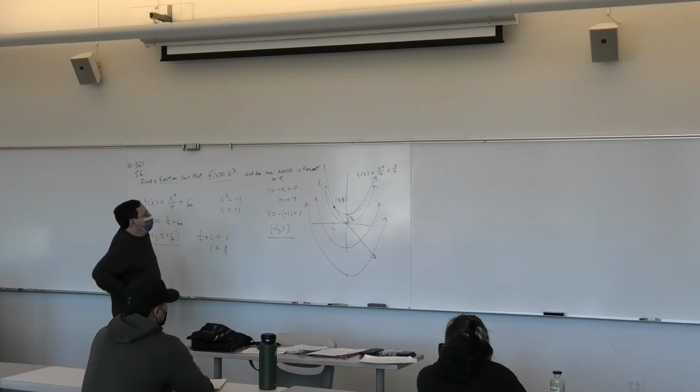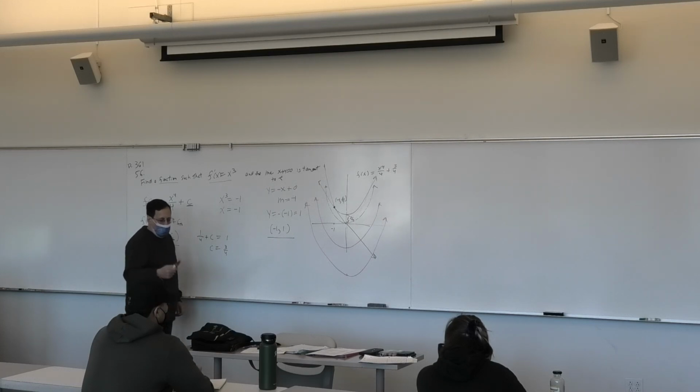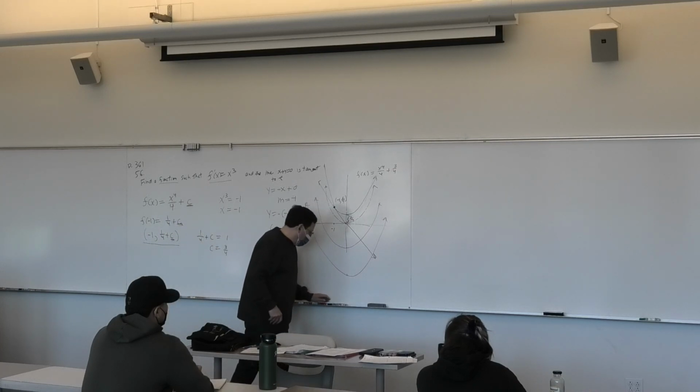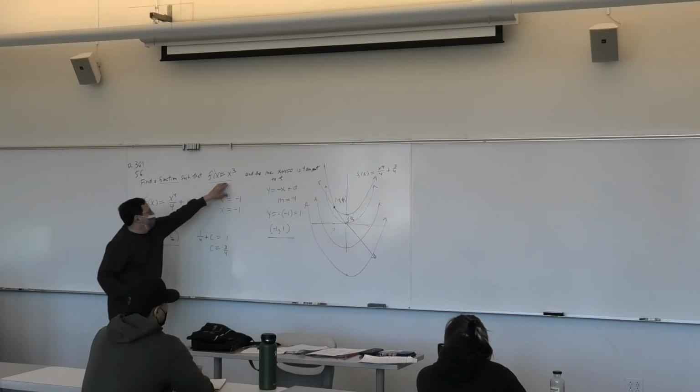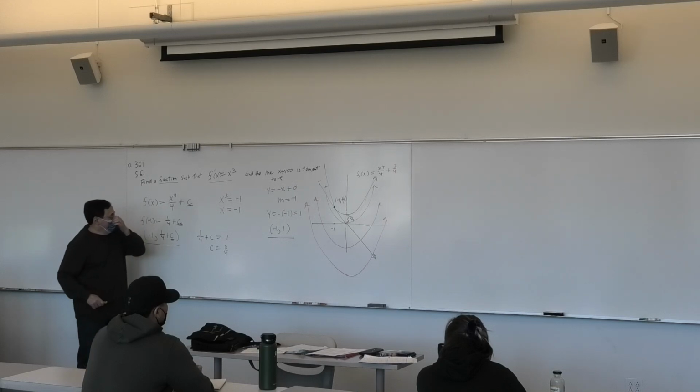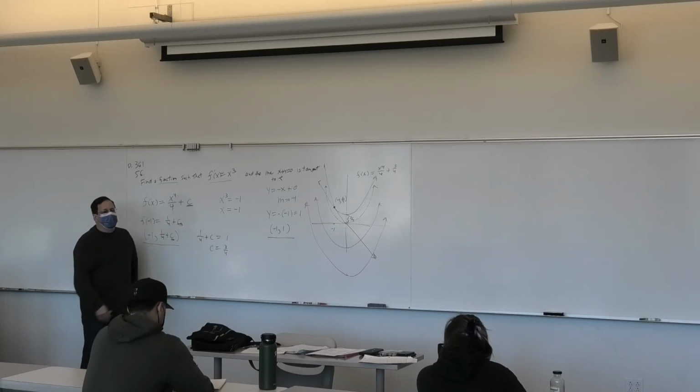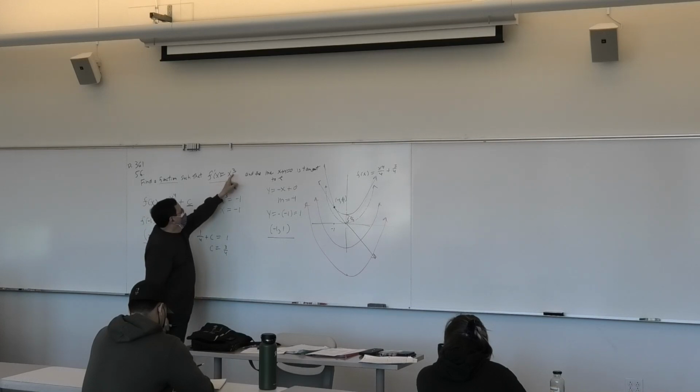It's a good question. Point out something about the function they gave you, x cubed. It's one-to-one over all real numbers. Meaning, if I give you a y, you can always find an x. So you can always find a slope. Now, what if I gave you a function where that wasn't true?